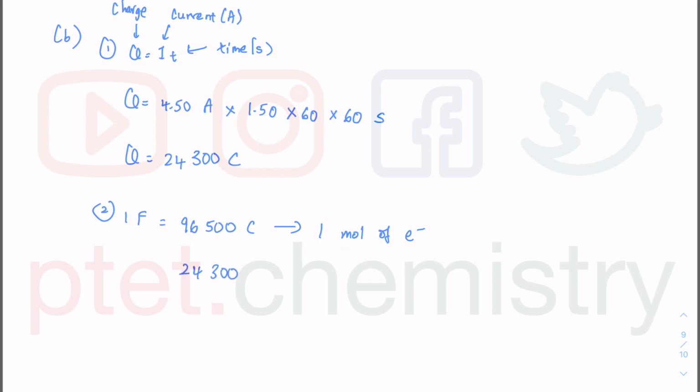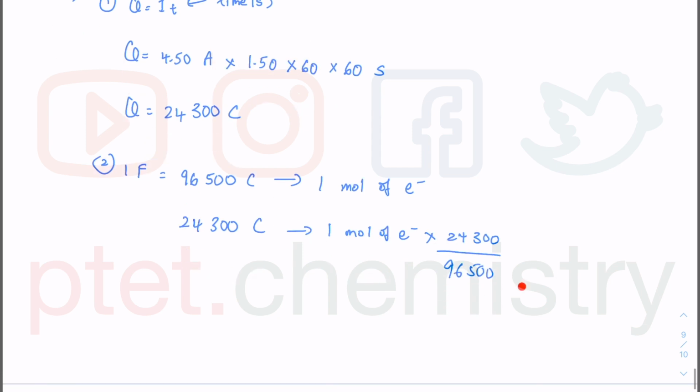If I have 24,300 coulomb, how many moles of electrons is that? This is a direct proportion problem. So I'll just put it in, the coulomb obviously cancels, and I get the moles of electrons. Put it into a calculator. I do not want to round off too early, and I come up to this answer to 5 significant figures, but it doesn't matter because we are not at the end of the working yet.